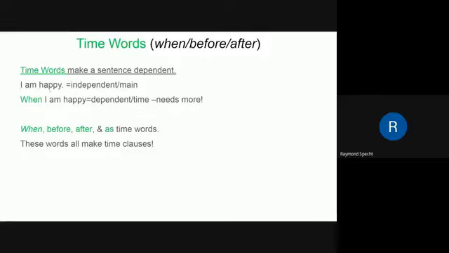But when you say when I am happy, everybody's waiting for something else to be put there to tell us what when you're happy. When, before, after, and as are time words. These words all make time clauses. So when you see when, before, after, as, it becomes a dependent clause because we're using the time words. All right, let's take a look at our next page here.